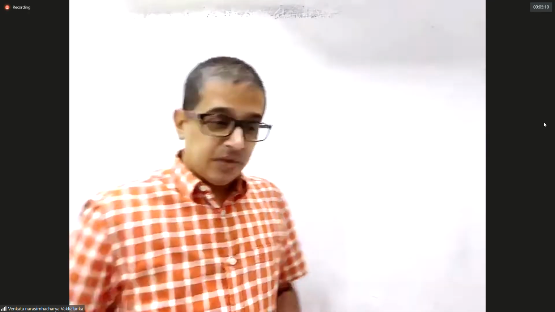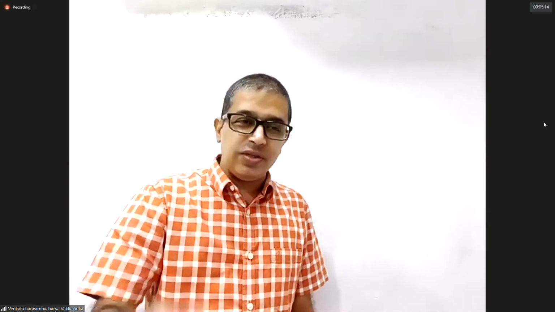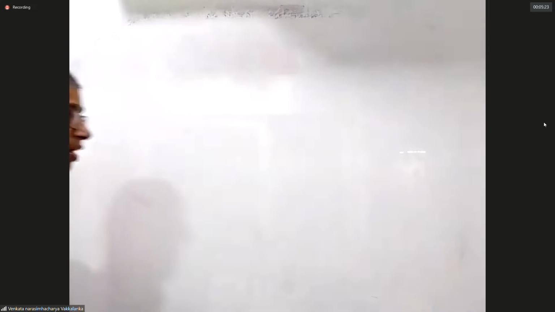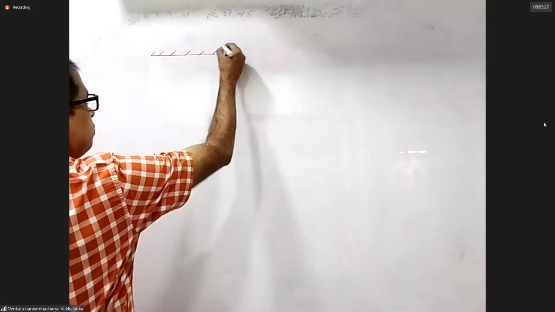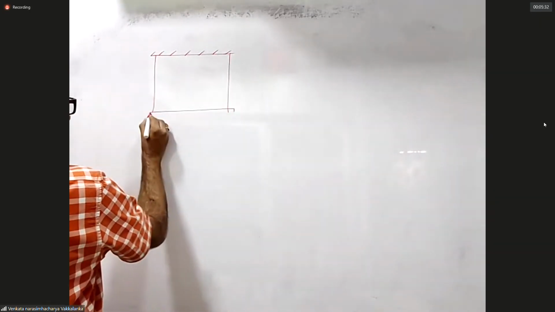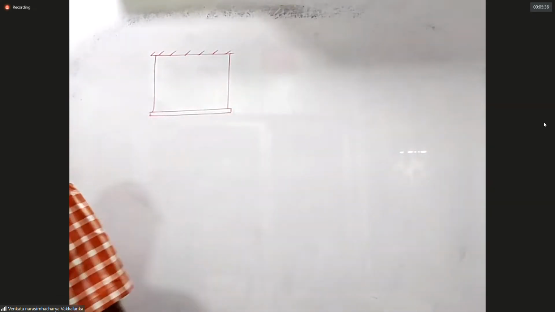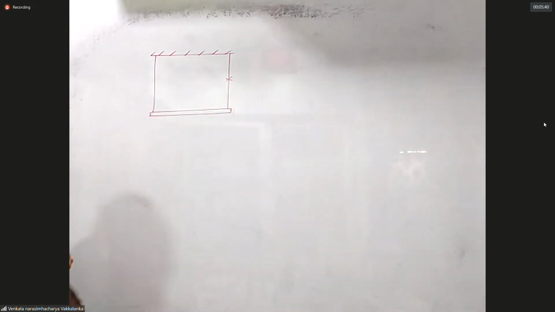First of all, I should actually dictate the rules and then take this example, but I do this in reverse every year so that you will remember this all your life. You will understand by the time I complete this. There are two strings hanging this way and a thin rod kept here, and this string snaps.